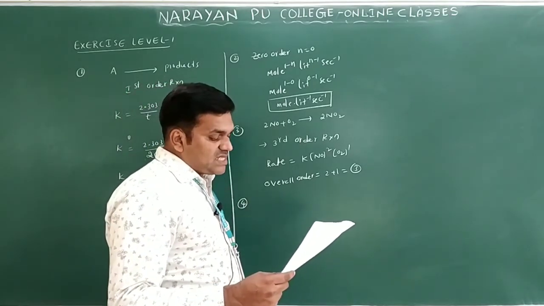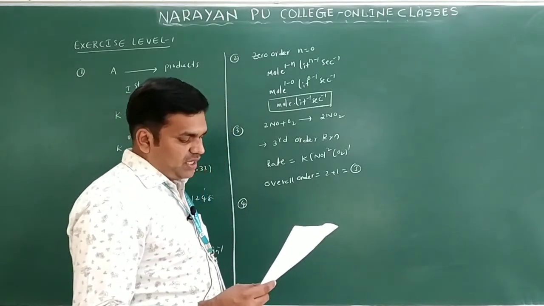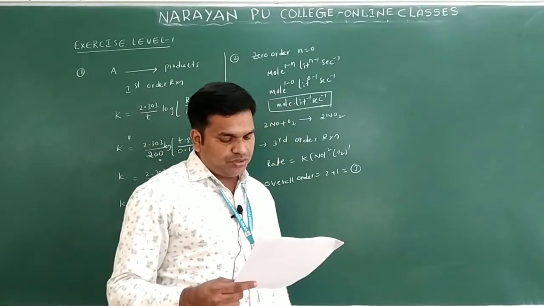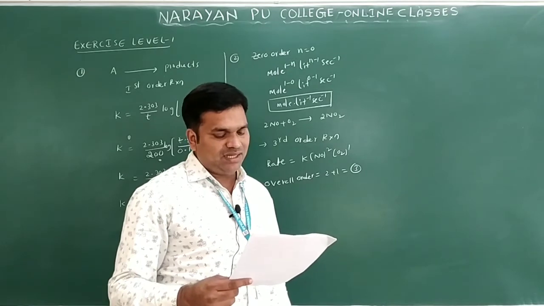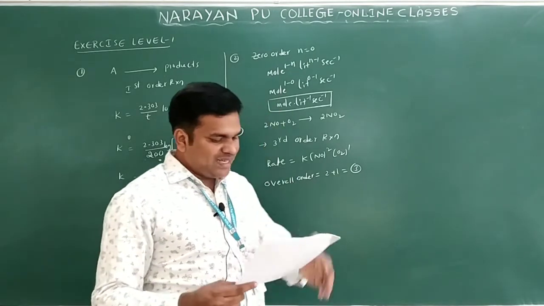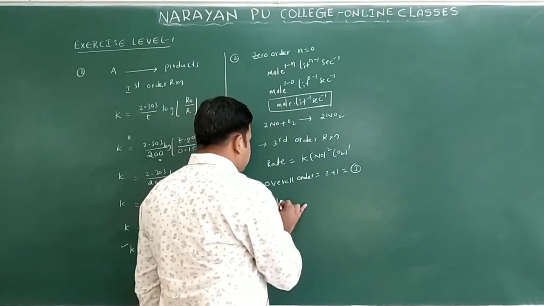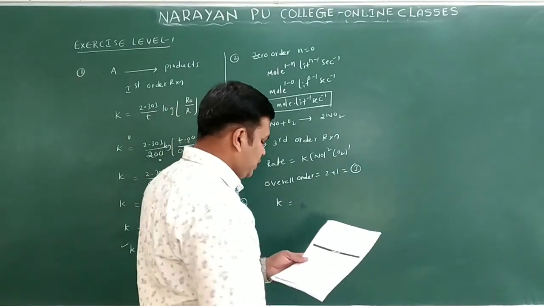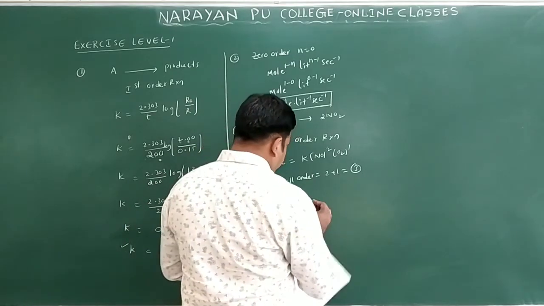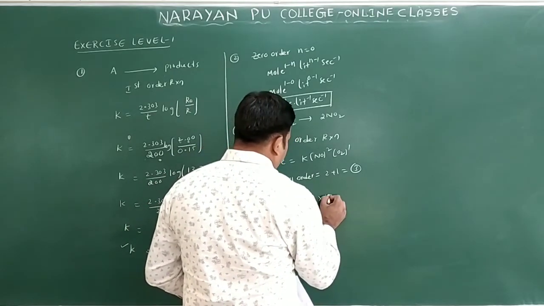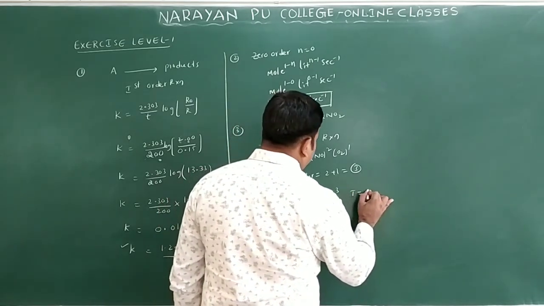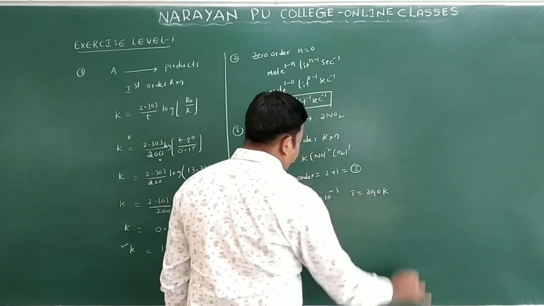Next, the velocity constant of a reaction at 290 Kelvin was found to be 3.2 into 10 power minus 3. Velocity constant means rate constant. So rate constant is given, K is equal to 3.2 into 10 power minus 3 at the temperature T is equal to 290 Kelvin.